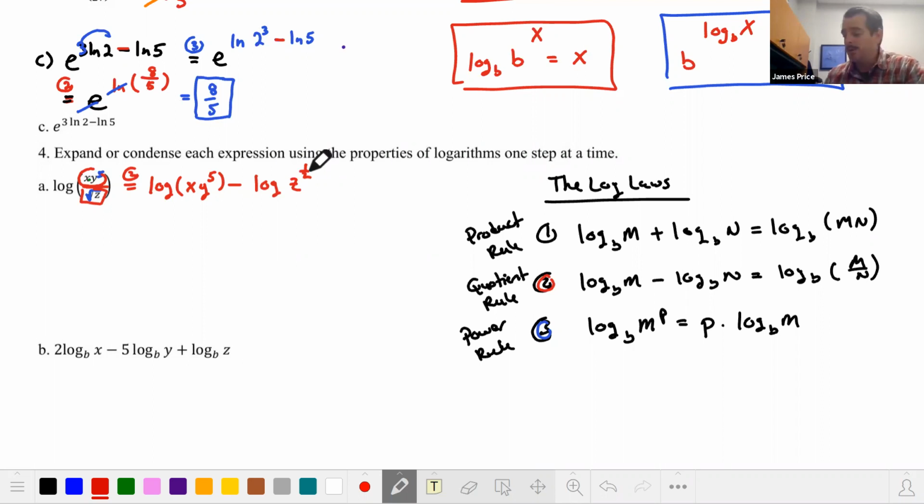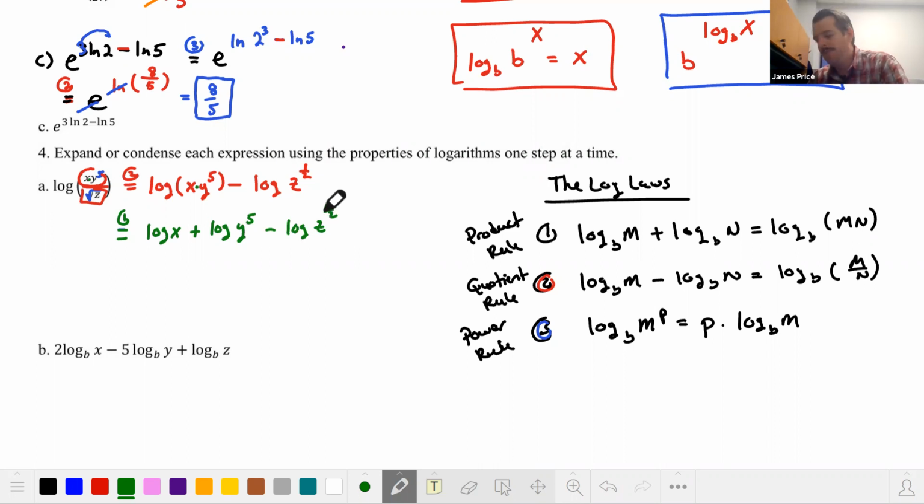But before I use the power rule on this, because that y to the 5th is kind of attached to that x, I'm going to use that product rule to separate it. So the product rule basically says log of this times that is going to be the log of this plus the log of that. And then we still have this minus log of z to the 1/2.